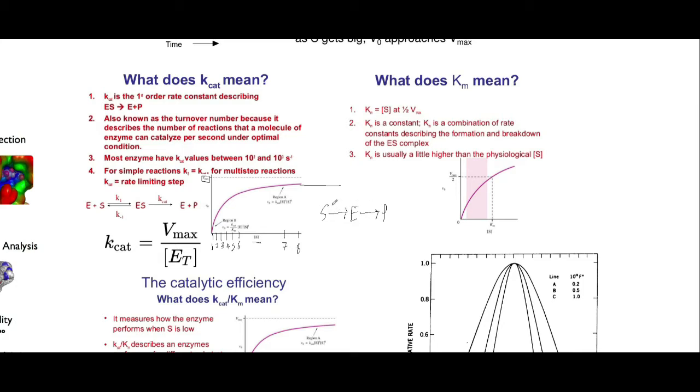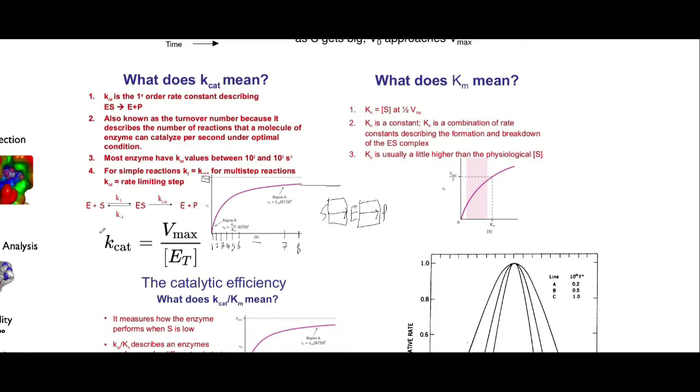So this step becomes the rate limiting step, and when you reach that V max, that's how fast your catalysis is going.